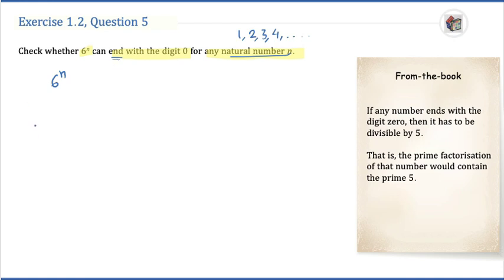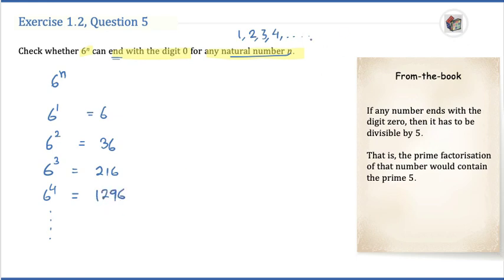Now let me just write down a few possibilities. If n is 1, then this is going to be 6 to the power 1. If n is 2, then it will be this, and so on and so forth. This will keep going on forever. Now if you see the exact values, 6 to the power 1 is just 6, 6 to the power 2 is 36, 6 to the power 3 is 216, 6 to the power 4 is 1296, and so on.